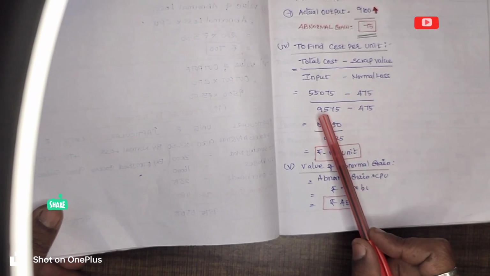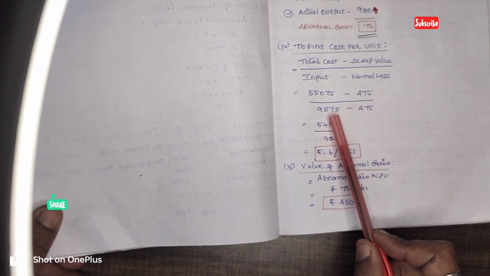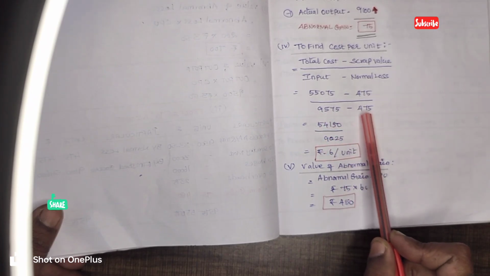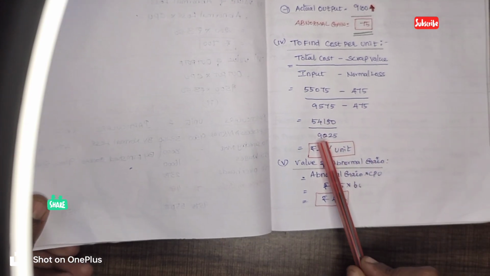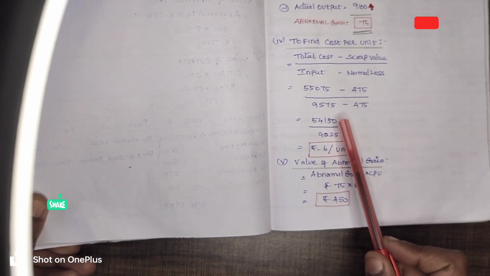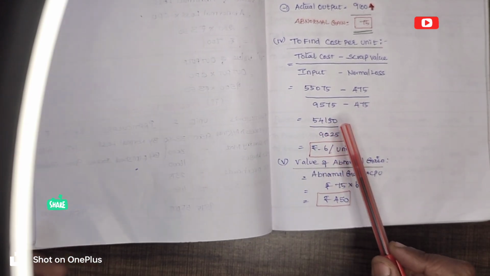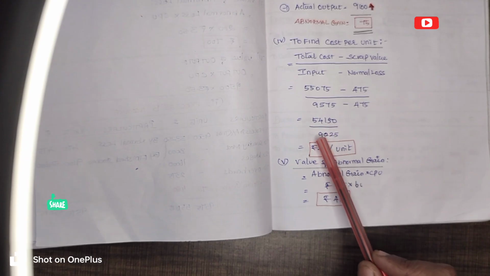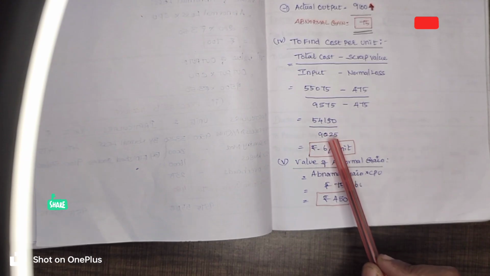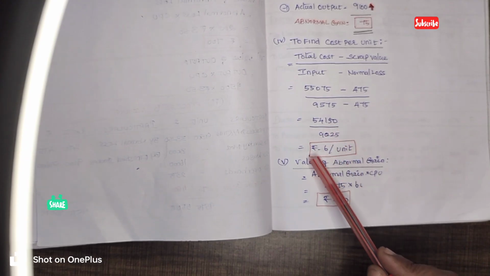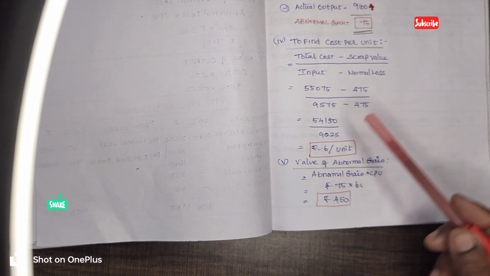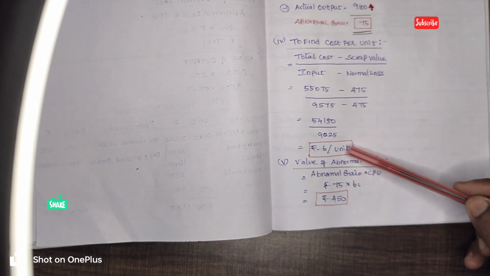Similarly, total input is 9,500 minus normal loss 475. After subtracting, you will get 9,025. Then we need to divide 54,150 by 9,025. You will get 6 rupees. The cost per unit is how much? 6 rupees.